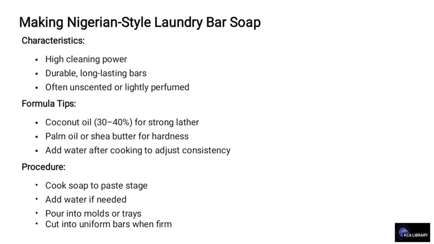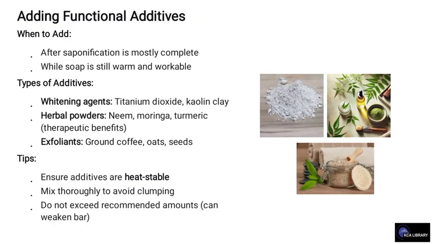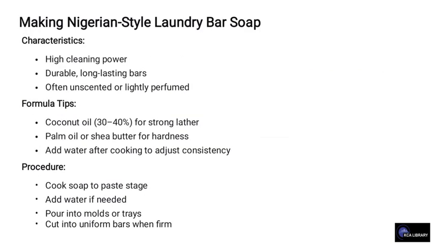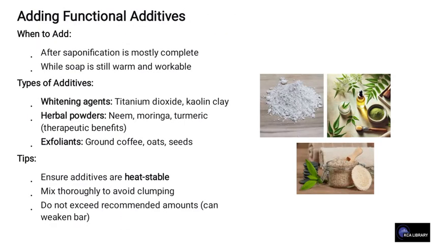The procedure is that you cook soap to paste stage, then you add water if needed. Then you pour into molds or trays. You cut into uniform bars when firm.